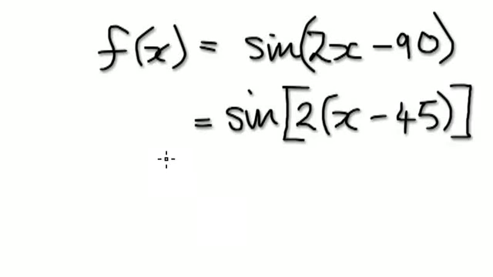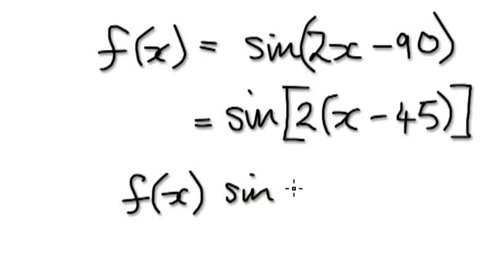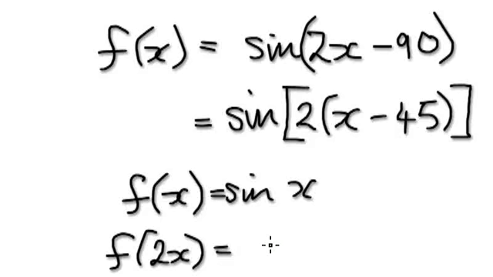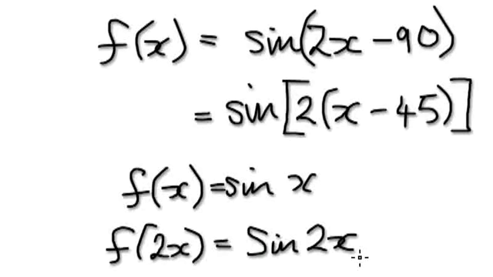Okay, x minus 45. So when you come to visualize it, let's start out with our sine of x here. If you apply this transformation 2 of x here, you would get sine 2 of x, and now if you start putting this bubble into there, everything makes sense.